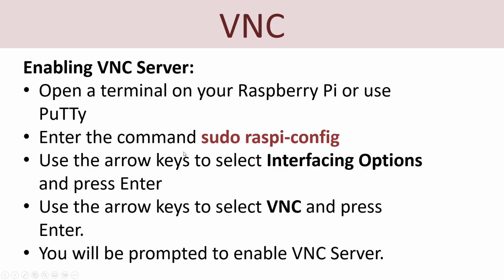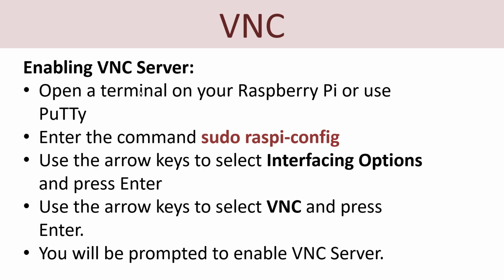So basically, on the Raspberry Pi, we need to install or actually enable the VNC server. It's already installed, but we need to enable it. So typically, if you have connected a monitor, keyboard and a mouse to our Raspberry Pi, we could use the terminal inside the Raspberry Pi operating system.